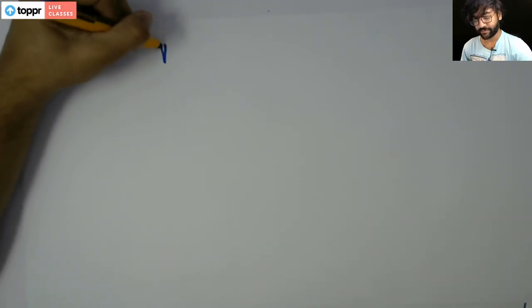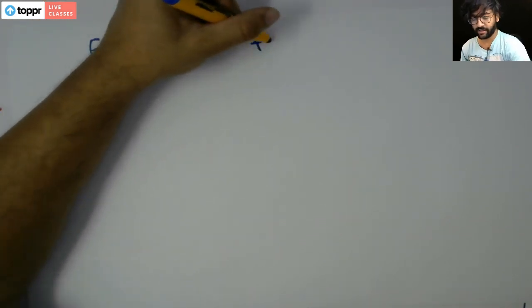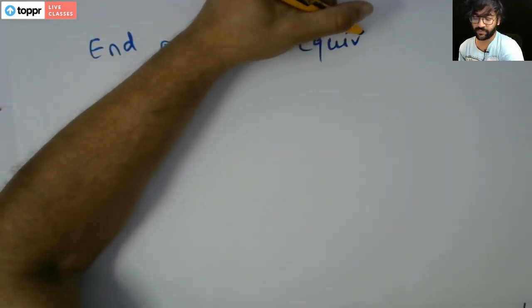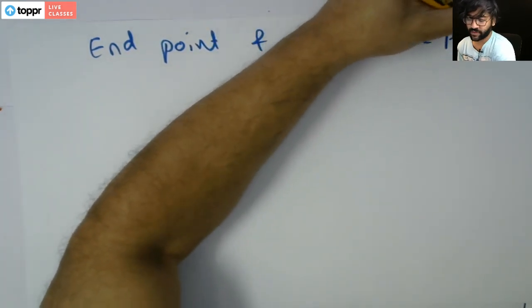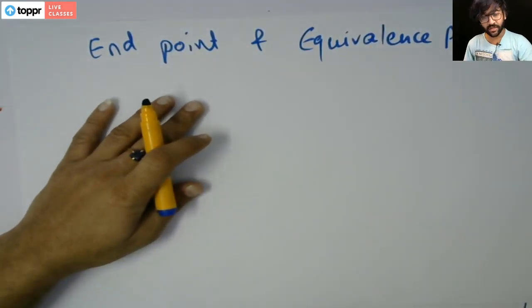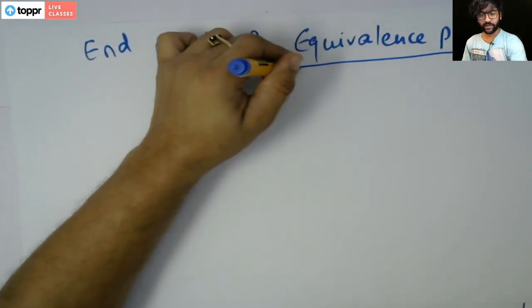One thing I would like you to note here, which is of main importance, is the difference between the end point and the equivalence point. Now in theory we talk about the equivalence point.